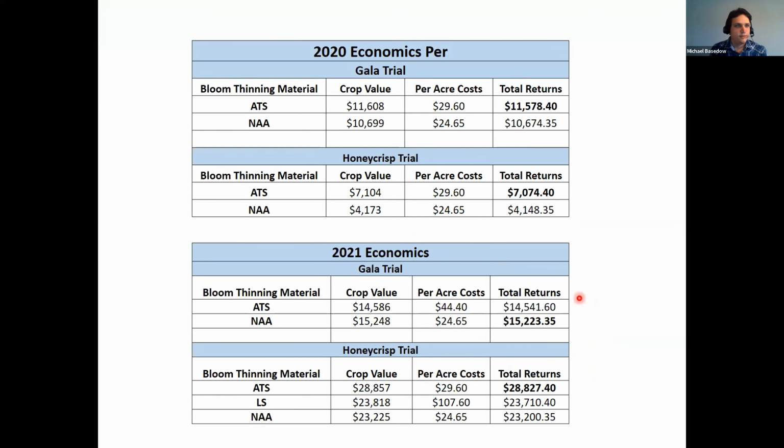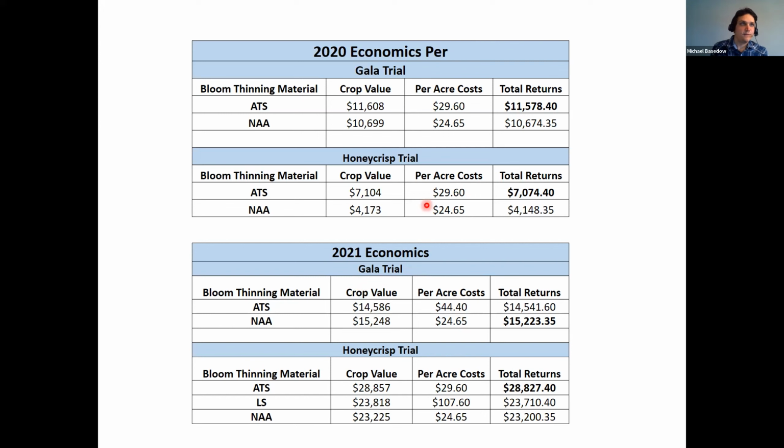So I do also just want to briefly show those same economics, this time added in with the cost for those materials. This just shows the cost of the materials for all the applications along with a rough labor rate associated with them.